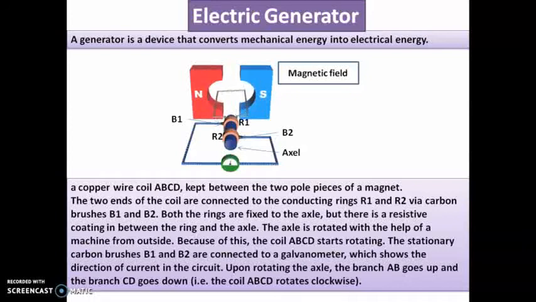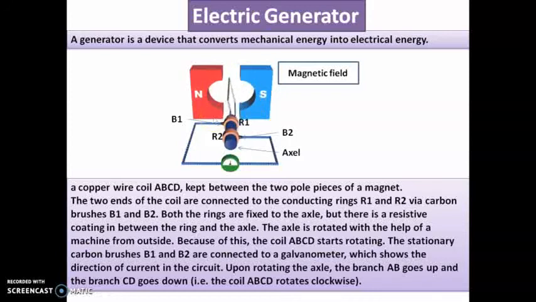The galvanometer will tell whether there is current in the circuit or not, and what is the direction of the current. Upon rotating the axle, the branch AB goes up and the branch CD goes down. That is, the coil ABCD rotates clockwise. Very clearly you can see in this diagram the coil is rotating clockwise. The branch AB goes up and the branch CD goes downwards.